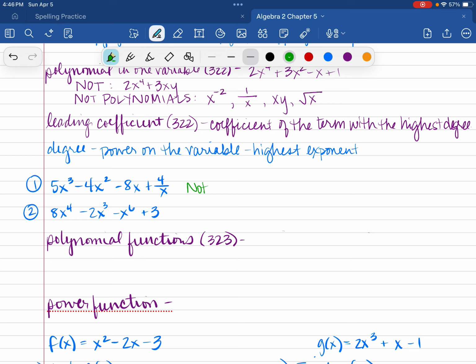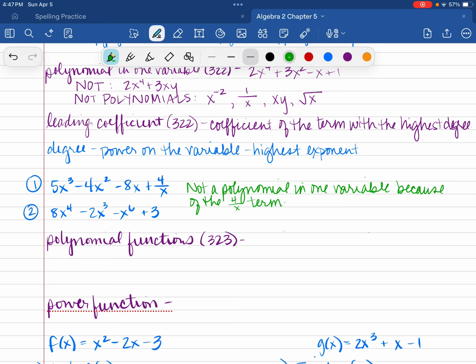So we would just say not a polynomial in one variable because of the 4 over x term. That's what's causing this to not be a polynomial in one variable.